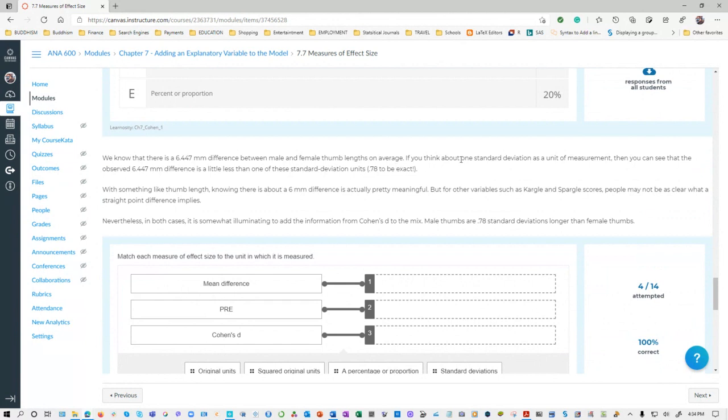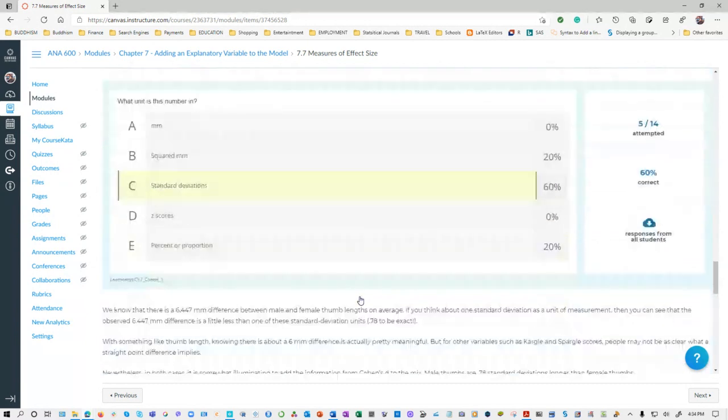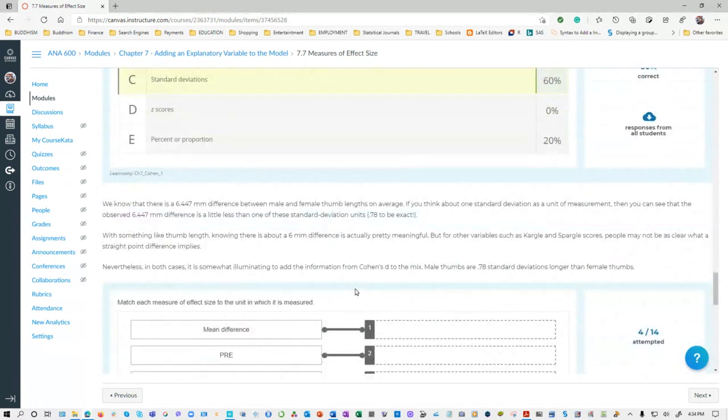If you think about one standard deviation as a unit of measurement, then you can see that the observed 6.447 millimeter difference is a little less than one of these standard deviation units, 0.78 to be exact.